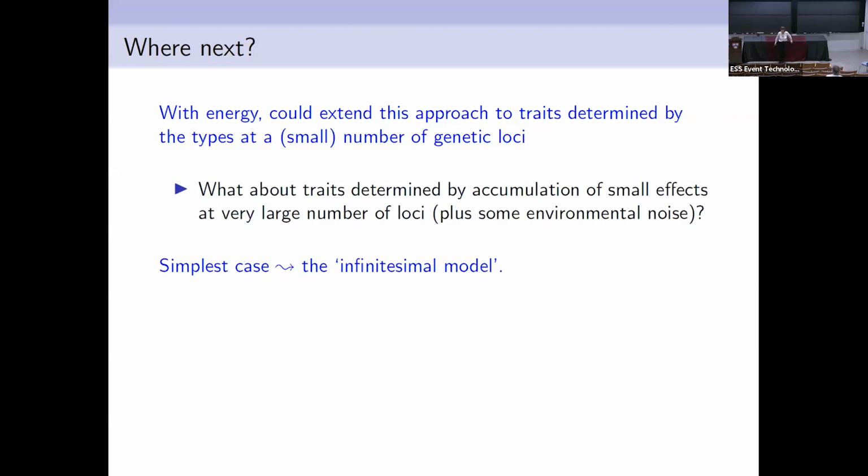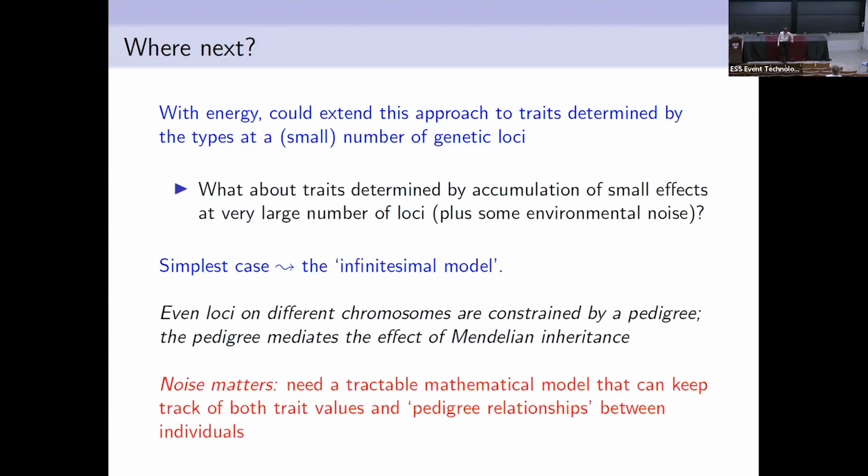One of the reasons that's difficult is that the way we've modeled a single locus was very easy. We just said, oh, well, we sample alleles from an infinite pool of gametes. Right? But if I'm actually trying to model lots and lots of loci, even if they're on different chromosomes, they're not independent of one another. We tend in population genetics to think that if you're on different chromosomes, you're evolving independently, but you're really not, because you're constrained by having the same parents.